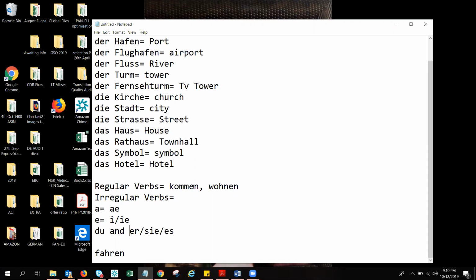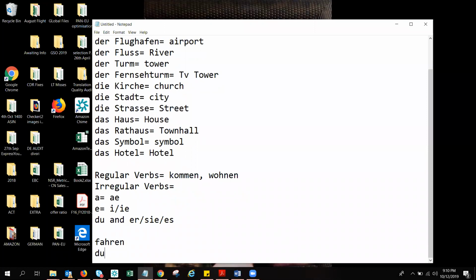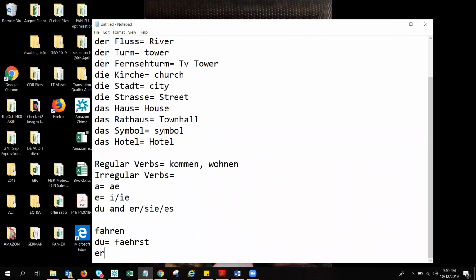So that's why I'll write only for du and er. Fahren means to travel, to drive, to go. So du is fährst, with an umlaut, and er is fährt. The ending is the same, but there is a change in the spelling of the verb. So it will be fährt.